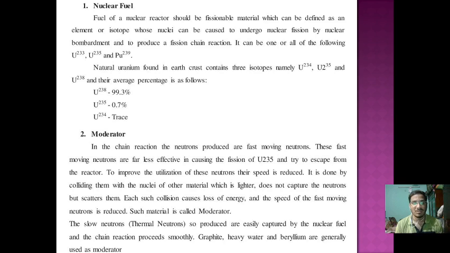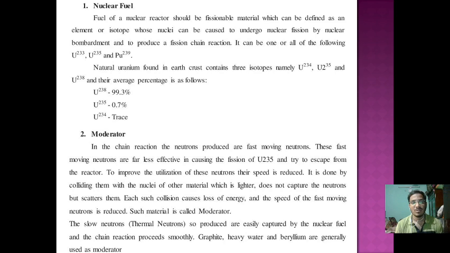These materials do not capture the neutrons, but they scatter them. Each such collision causes loss of energy, and the speed of the fast moving neutron is reduced.